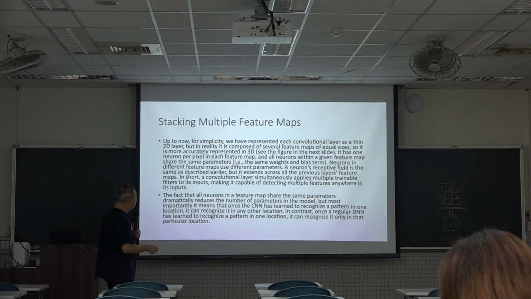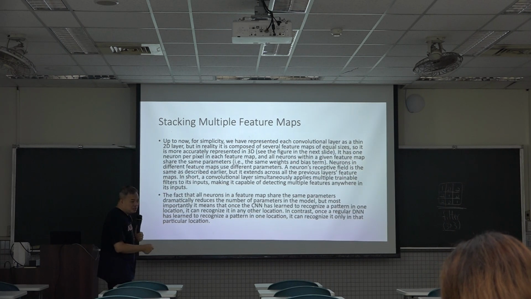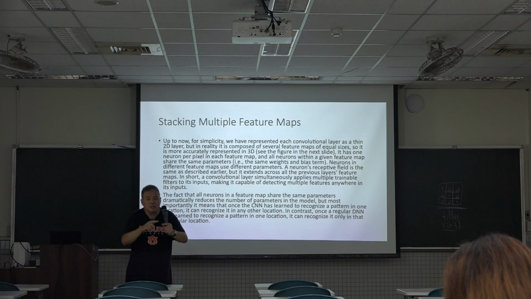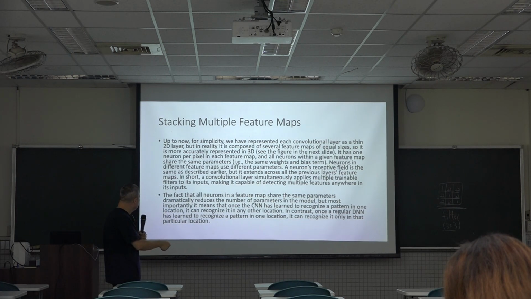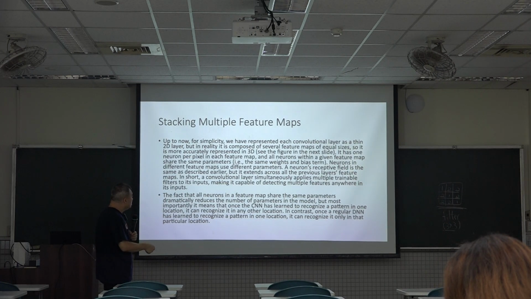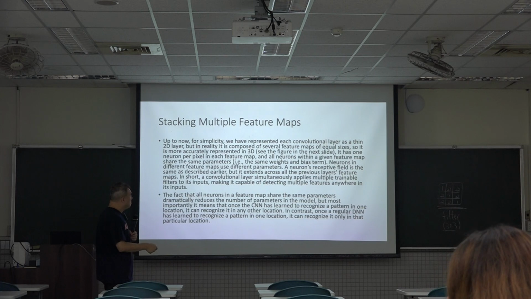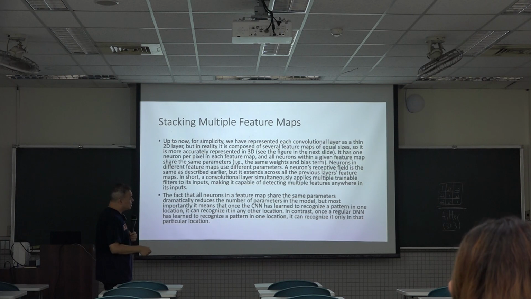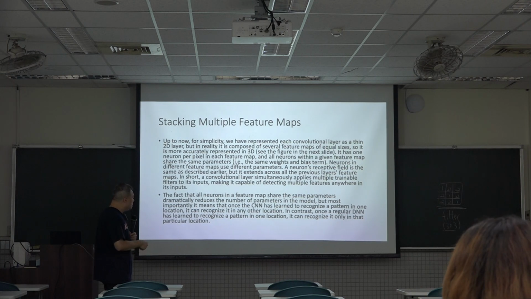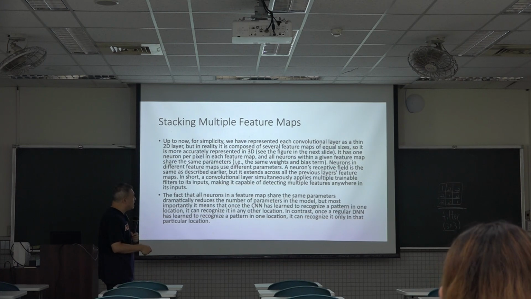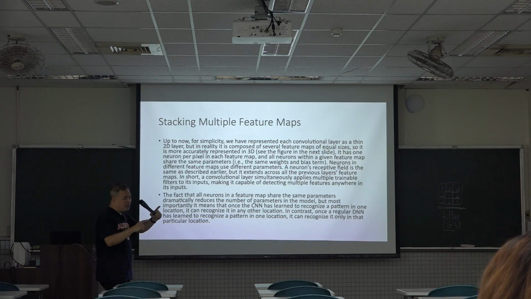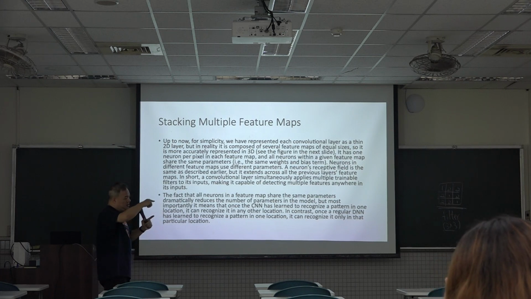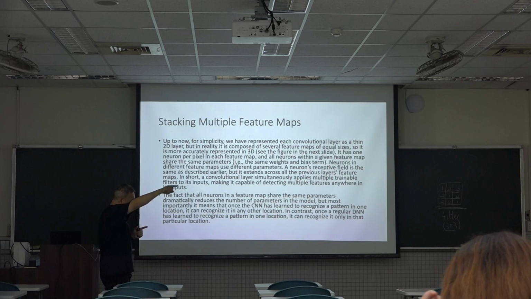Also, the fact that all neurons in a feature map share the same parameters, the same parameters in the filter, dramatically reduces the number of parameters in a model. But most importantly, it means that once a CNN has learned to recognize a pattern in one location, it can recognize the same pattern in any other location, because you are going to use the same filter for the whole feature map.